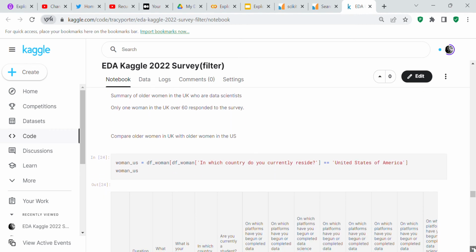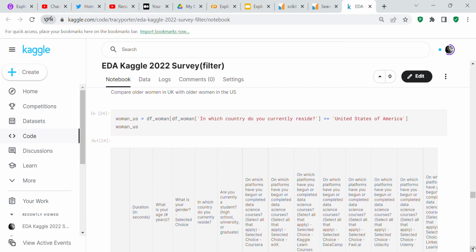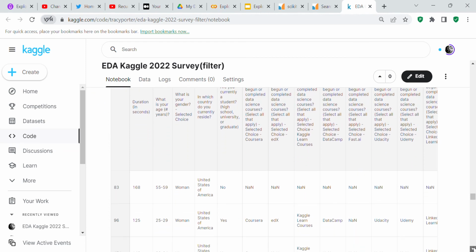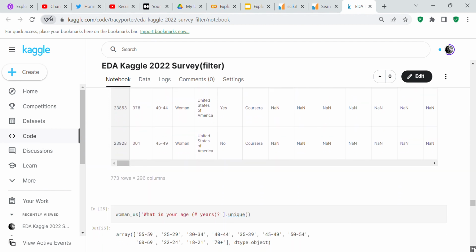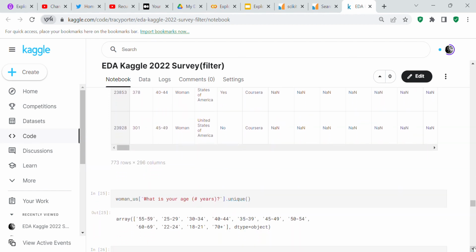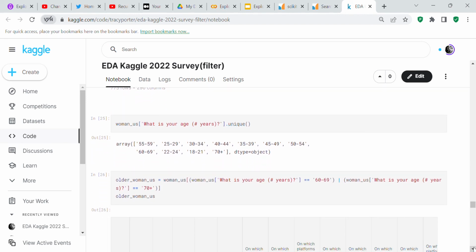Now we're going to compare older women in the UK with older women in the US. So we checked for women in the US, and there were 773 women who responded. We checked the unique values, and there were 11 unique values because they had women 70 and older who responded to the survey.